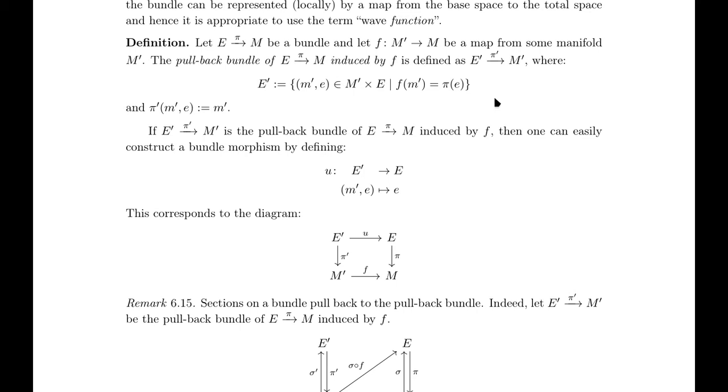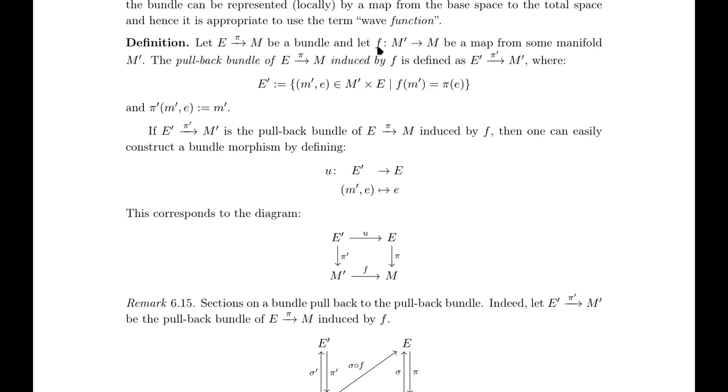So what it is saying is that m prime using f gets mapped to the same place where little e gets mapped using pi.